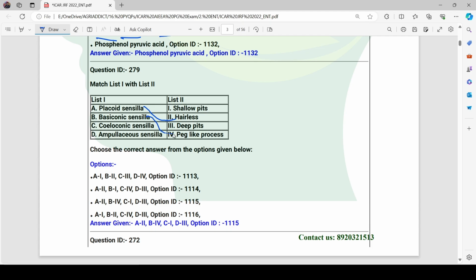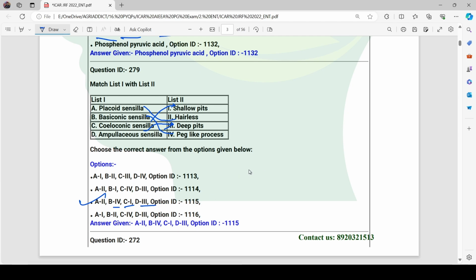Basiconic sensilla is peg like process. Coeloconic sensilla is shallow pits, and ampullaceous sensilla is deep pits. So option 3, A2, B4, C1, and D3 is the correct answer.